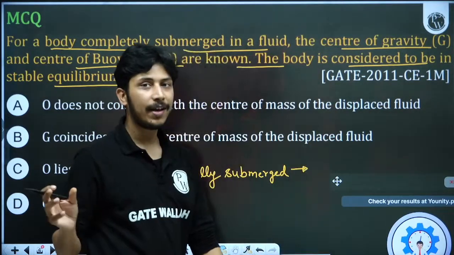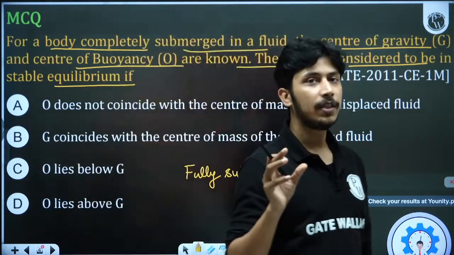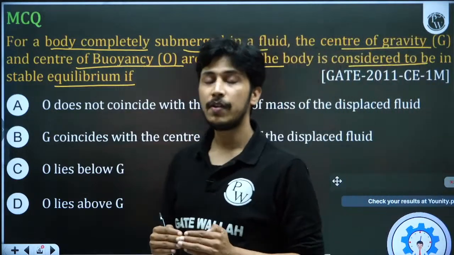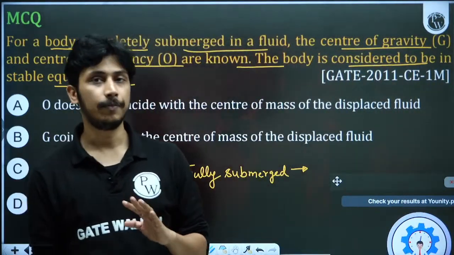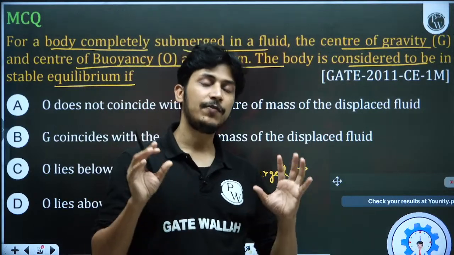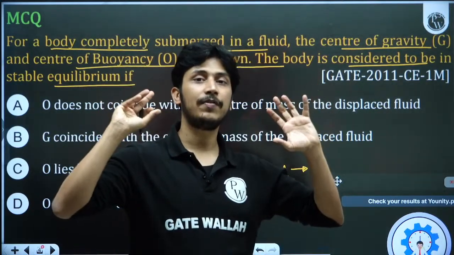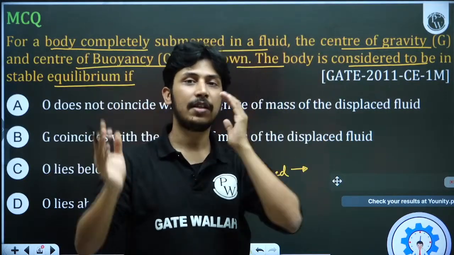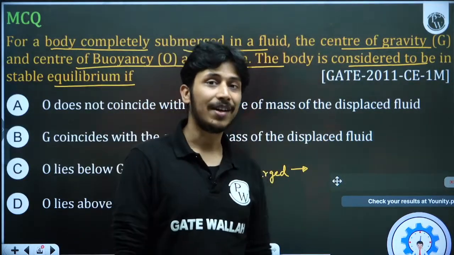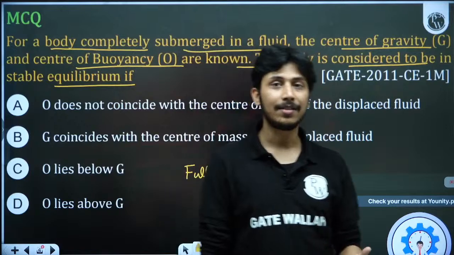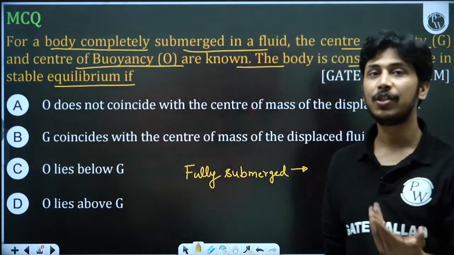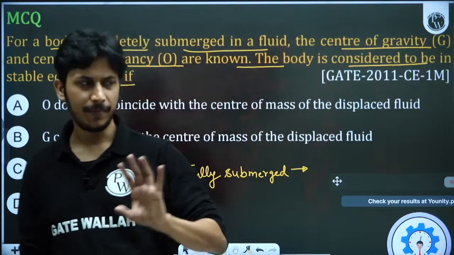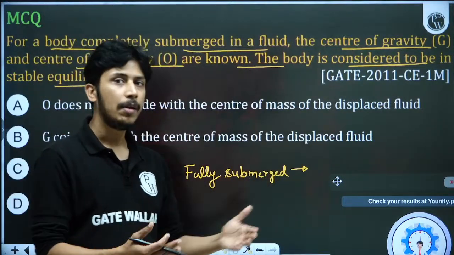If a truck is moving and it is loaded with very heavy steel, the center of gravity will be lower, so it will be very difficult for the truck to topple. But if it is filled with grass or husk, the center of gravity will be higher and it will easily topple. That is why trucks and tractors carrying husk or grass generally topple, and trucks carrying very heavy steel do not. They may meet an accident due to their momentum, but they will not topple.